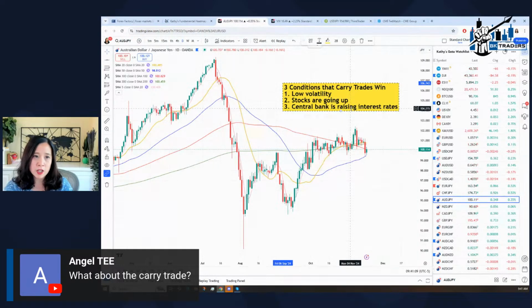Yes, you got some nice positive carry in dollar yen and Aussie yen, but there's not going to be a huge demand for carry trades unless investors feel confident stocks are going up, and central banks are either not changing interest rates at all, or looking to raise them. So hopefully that answers your question.